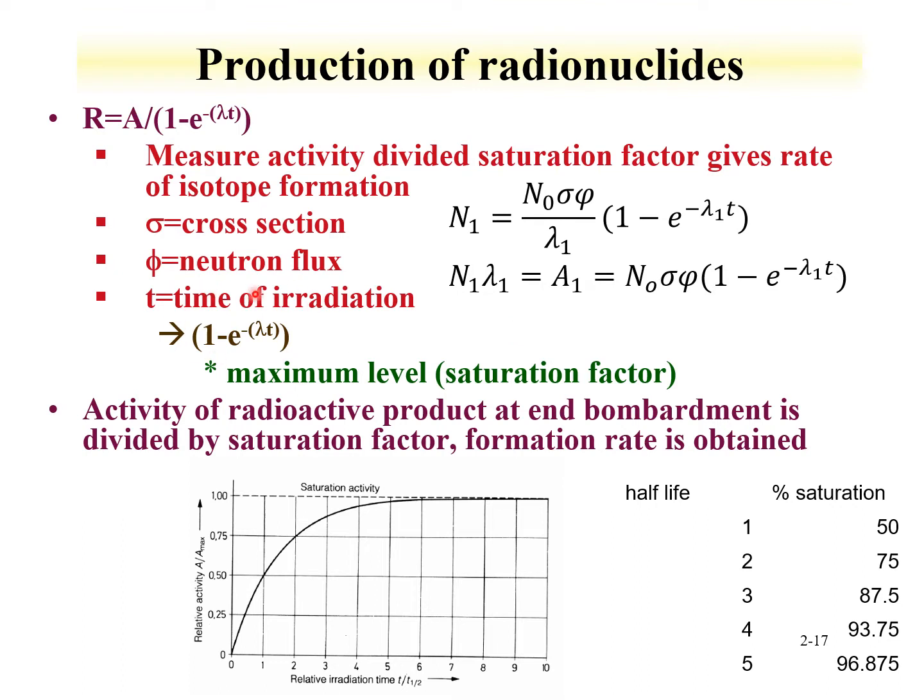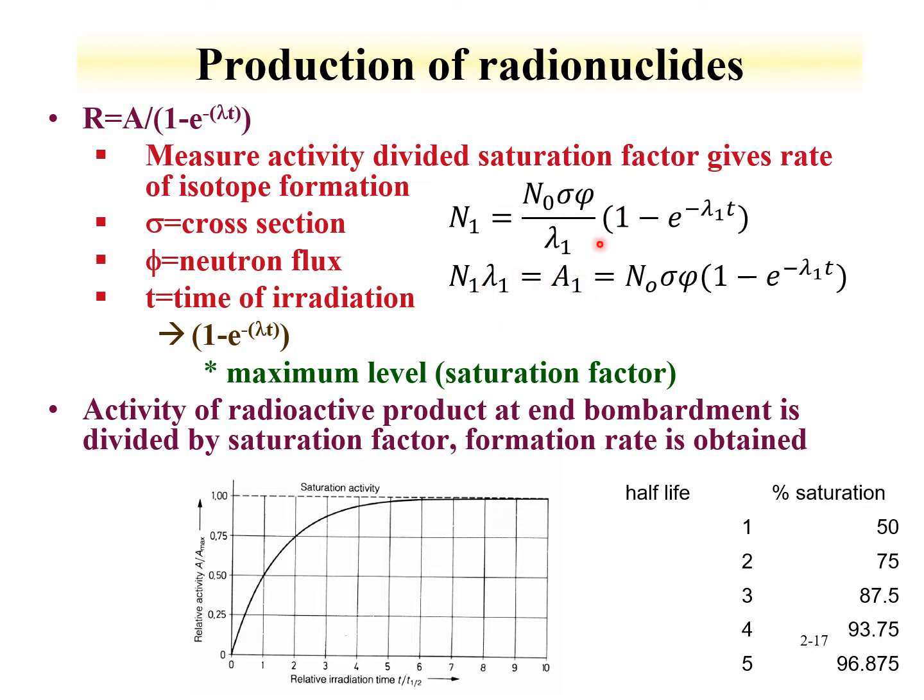Using the saturation factor, the number of product atoms produced is equal to the number of target atoms times the cross-section times the flux, as we discussed on the previous page, divided by the decay constant for the atom produced times the saturation factor, 1 minus e to the minus lambda t, where lambda is the decay constant for the isotope produced. If the number of product atoms are known, the activity can be found by multiplying the number of product atoms by the decay constant.